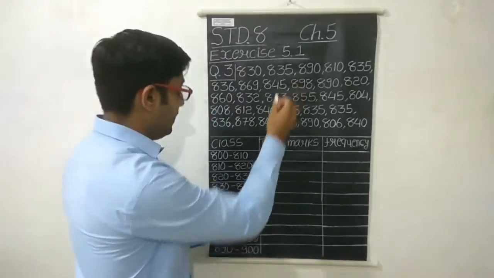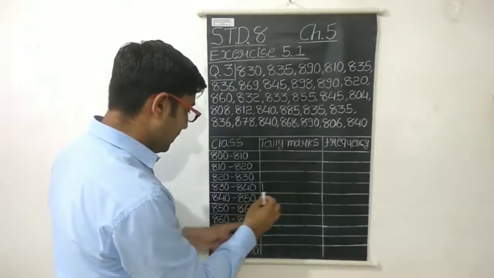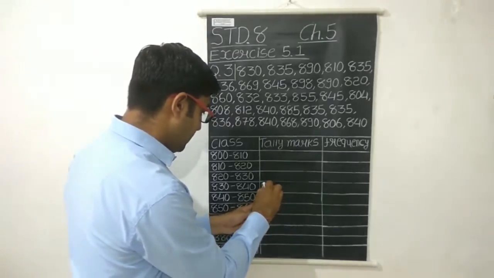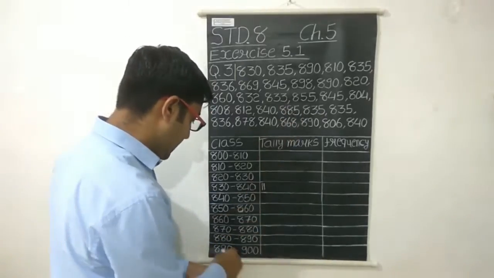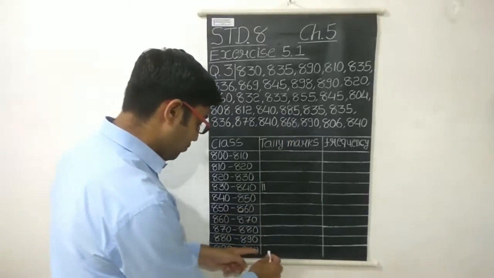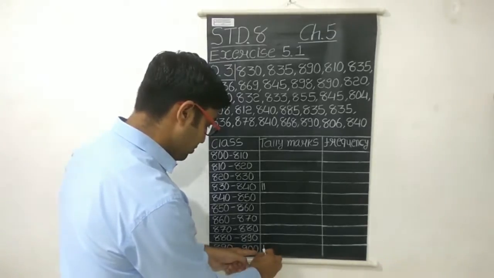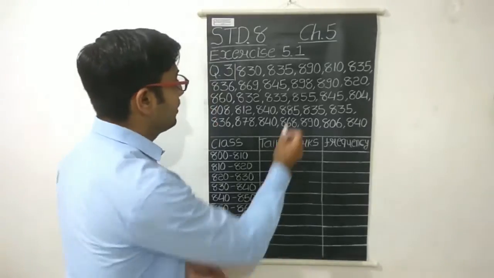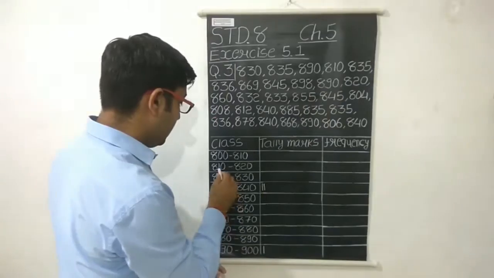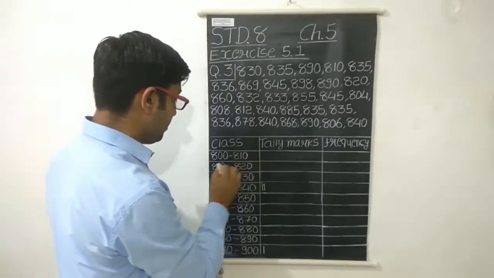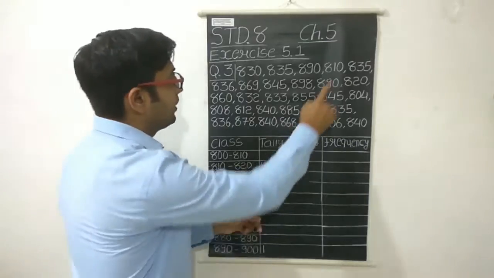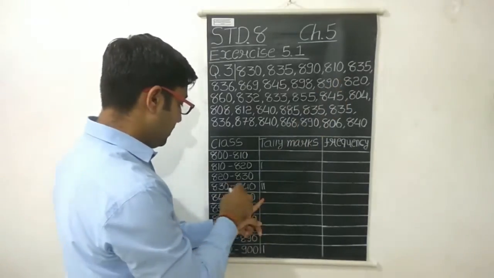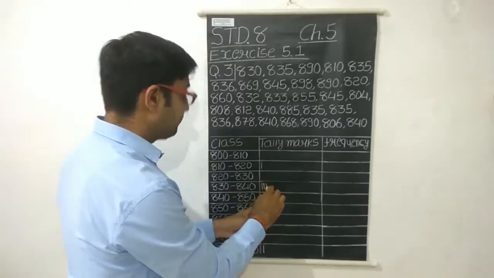First one. Then 835. Now 835 will also be in this group. Then 890. 890 we cannot put here, we have to put 890 here only. And 810. See, again we have to put it in this group. 835, again we have to put here.